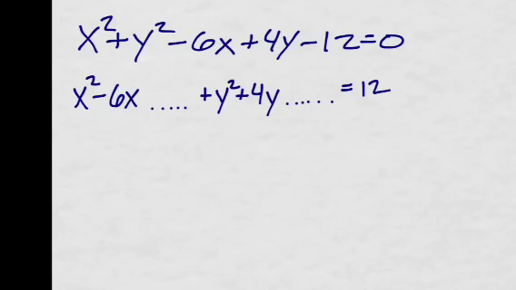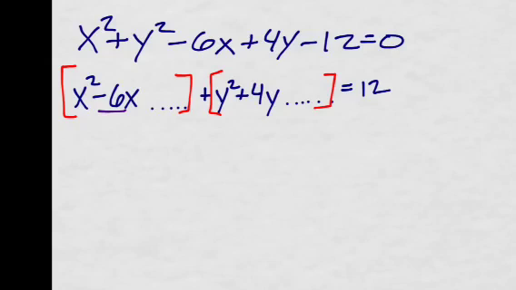Okay, so our process is we're going to do completing the square with this group right here, and then again with this group right here. And remember the process of completing the square, you simply take half of the coefficient of the single x and you square that and add that to both sides of the equation.